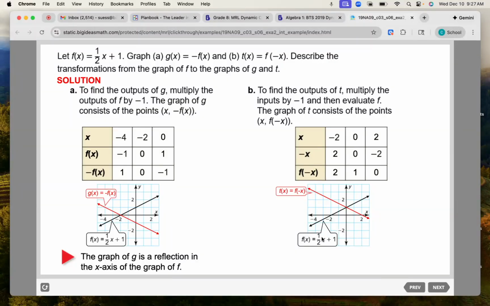We're just reflecting it across this way instead of that way. The difference here is the slope would change to a negative. My y-intercept is still the same. It does not change because we're changing the x value, not the y value. You'll see here the x-intercept stayed the same and the y value changed. Here, the y stays the same and the x changes.